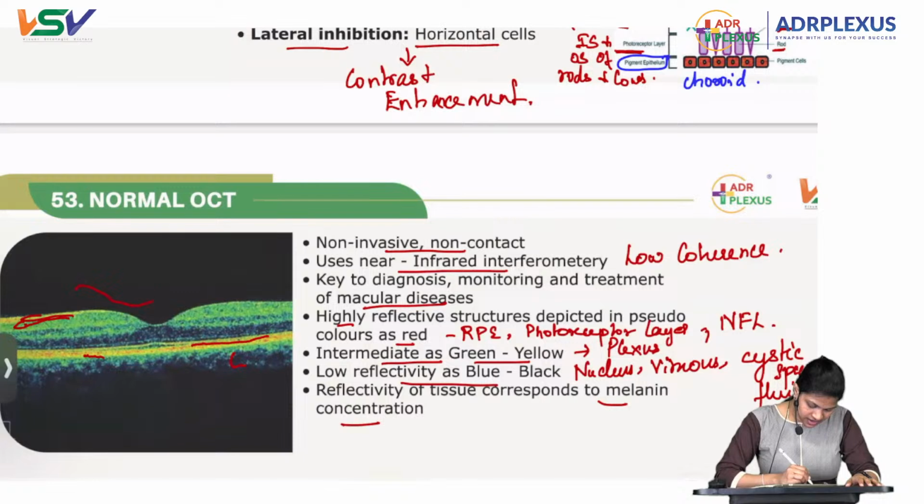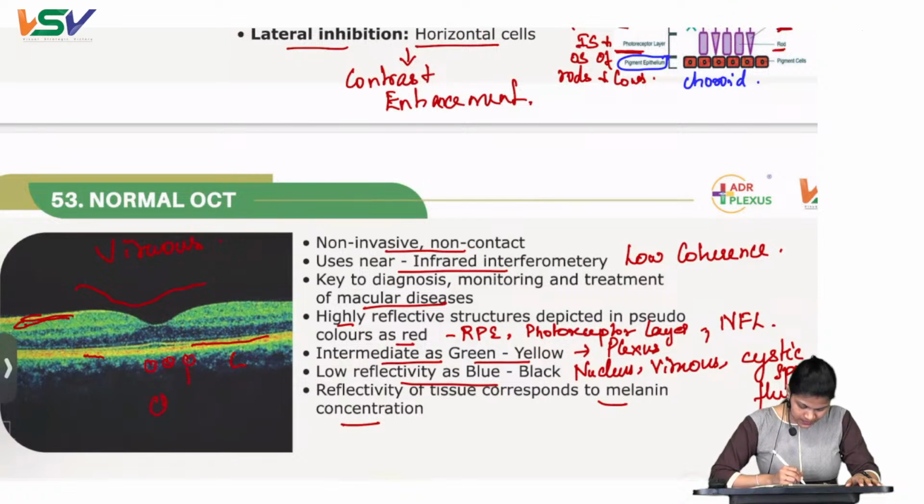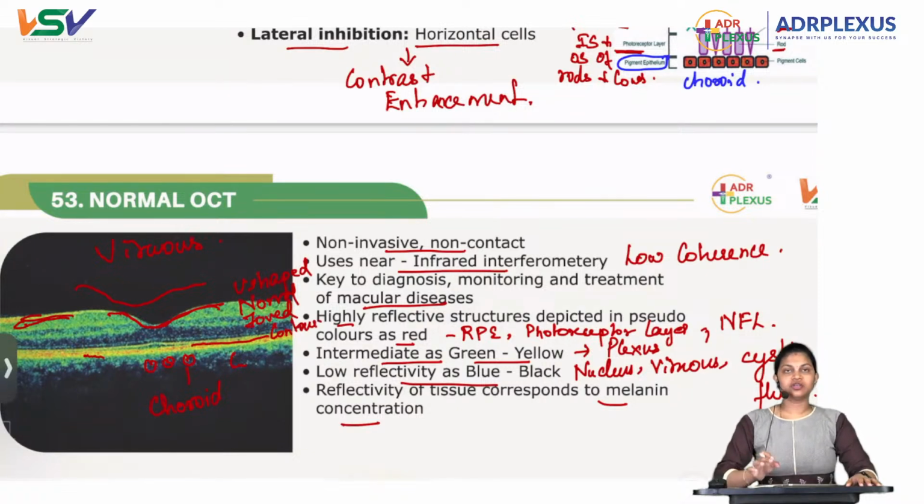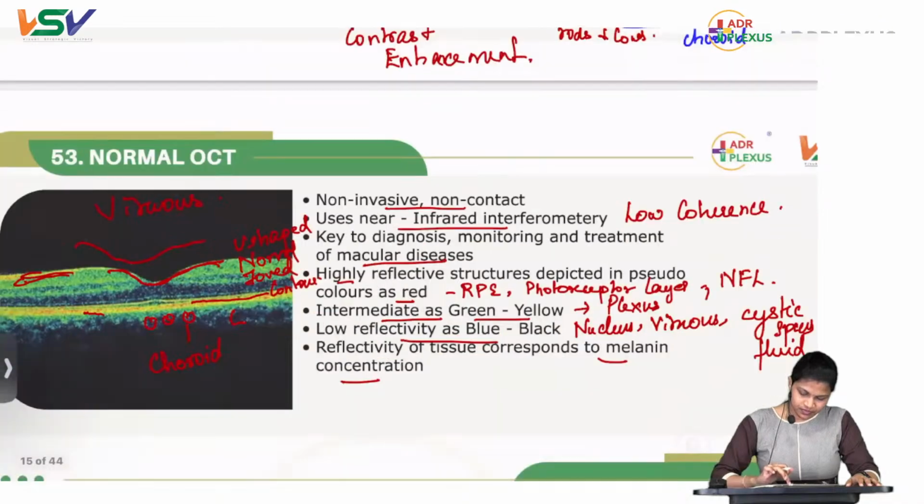So this area is the vitreous, this is the choroidal lumen, and this U-shaped, this is the normal foveal contour. Okay, U-shaped normal foveal contour. So this is the normal OCT pattern.